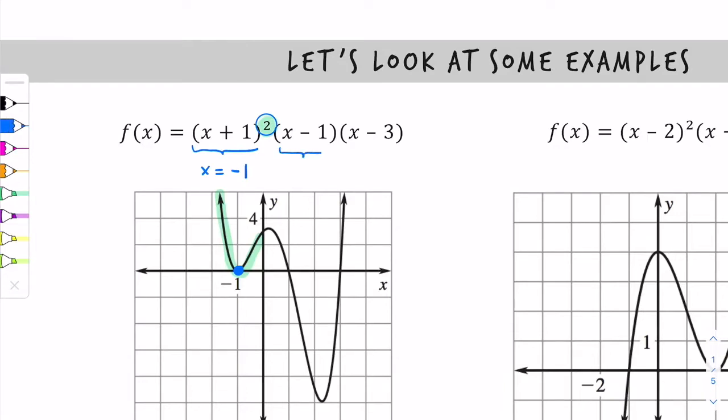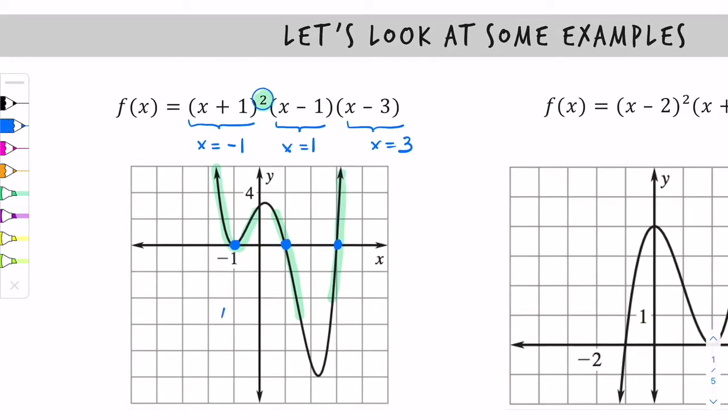Next, we have a factor of x minus 1, which gives us a 0 at 1. And you can see that the graph is going to go right through that point because the multiplicity of that factor is 1. And lastly, we have a 0 at +3. At +3, same thing. This is going to go straight through the point, straight through the x-axis because the multiplicity is 1.